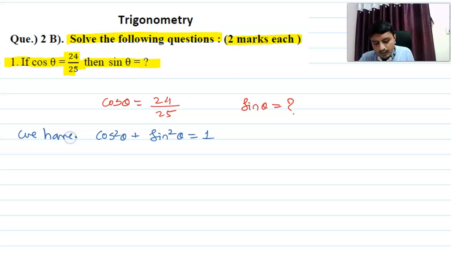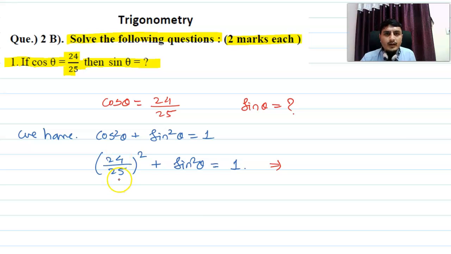Now we have been given the value of cos theta as 24 by 25, so cos square of theta becomes 24 divided by 25 the whole square, and plus sin square of theta remains as it is, equals 1. Now once we separate out the square of numerator and denominator, 24 square is 576, while 25 square is 625, plus sin square of theta remains as it is, equals 1.